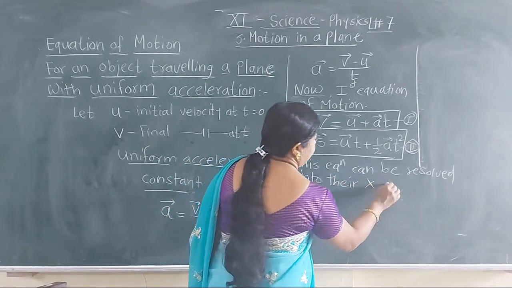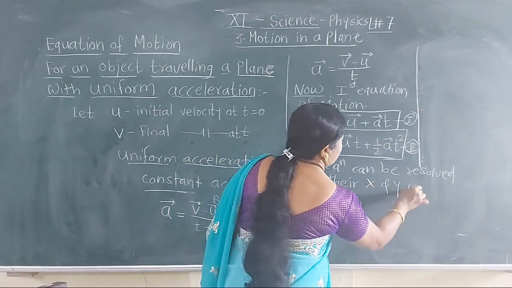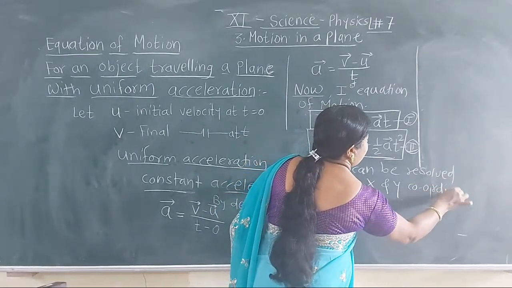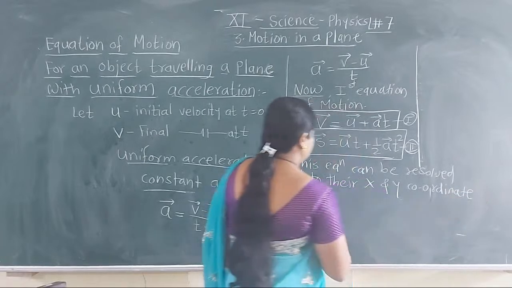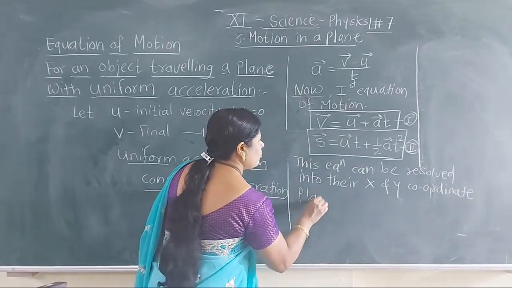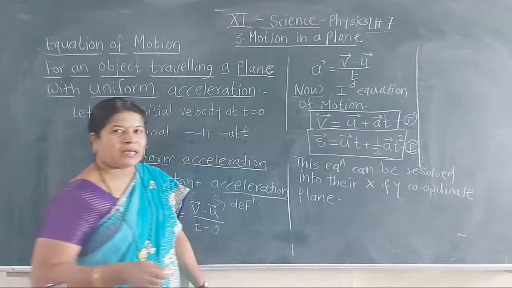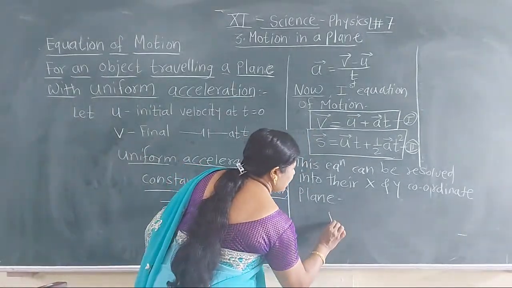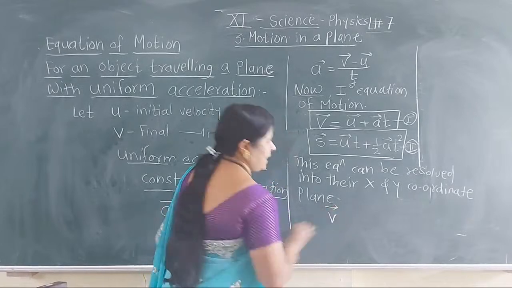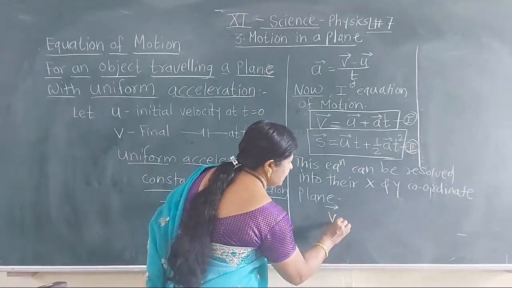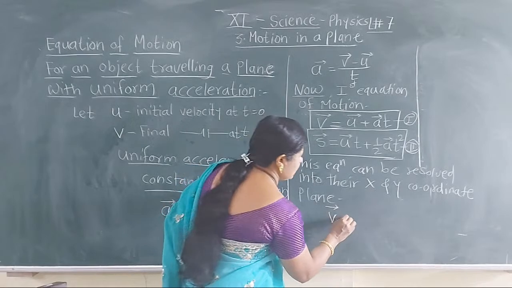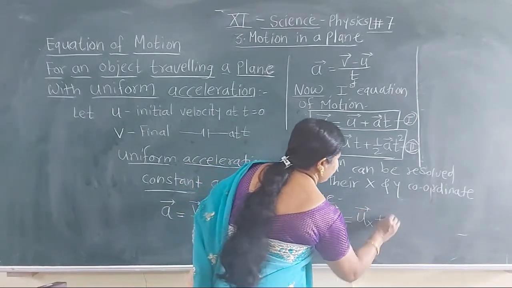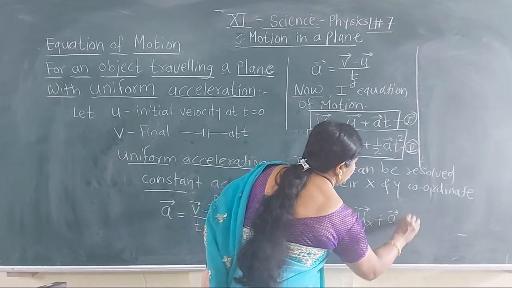into their x and y coordinate plane. So, in the x plane, vector v can be written as vector vx is equal to vector ux plus vector ax into t.